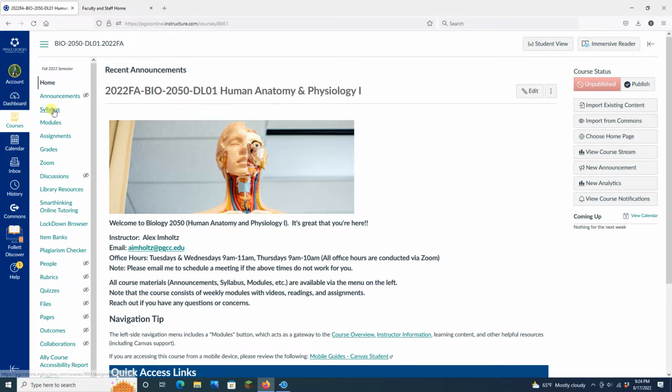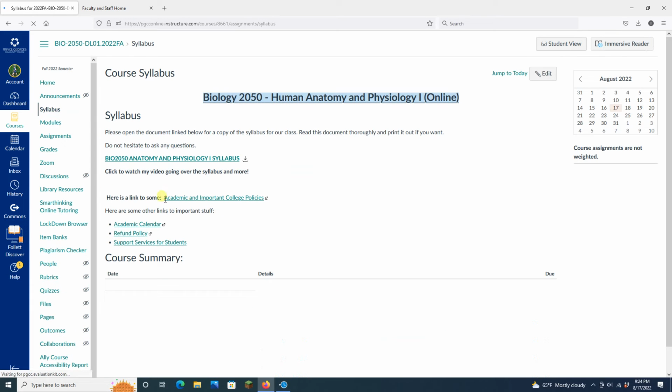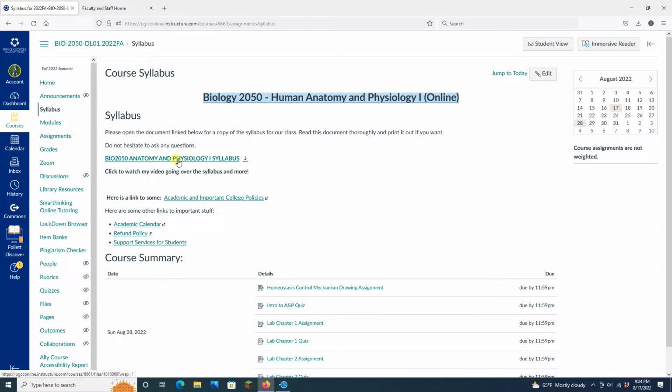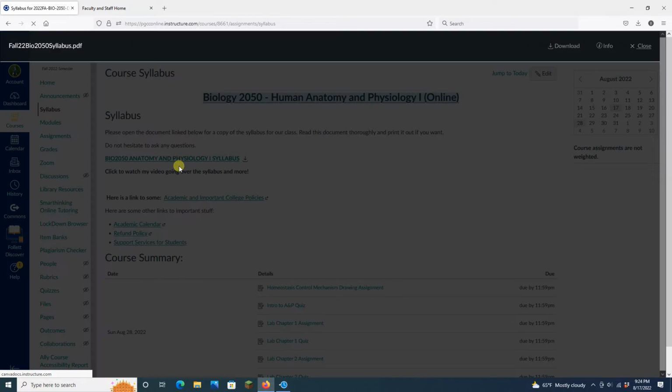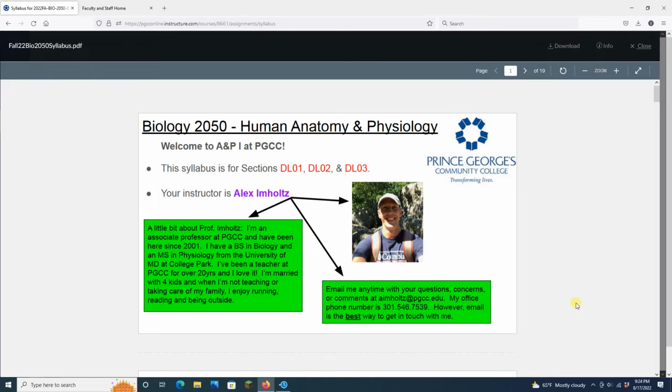If I navigate to the left over here and click on that syllabus tab, I've got a link right there to open up my syllabus. This course is Biology 2050, Human Anatomy and Physiology.